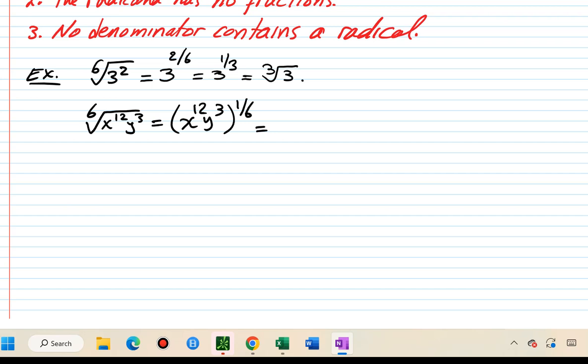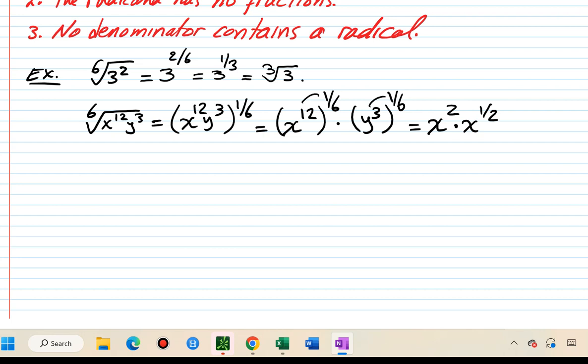And then with the power rule of exponents, I can write this as x to the 12th to the 1/6 times y cubed to the 1/6 power also. Now 12 times 1/6 is 2, right? We're multiplying the powers here. 12 times 1/6 is 2, and 3 times 1/6 is 1/2.